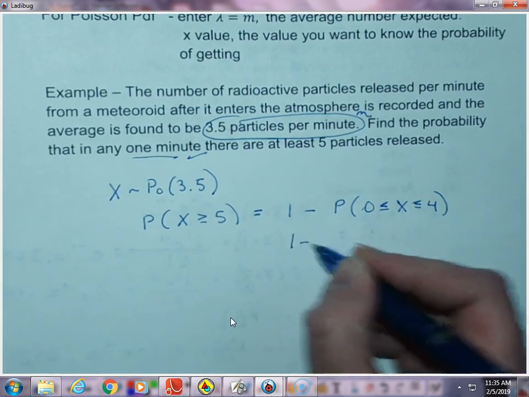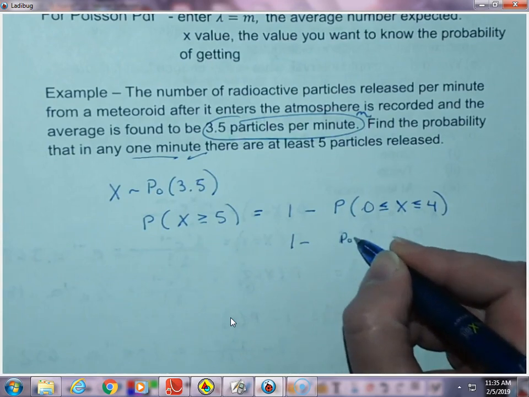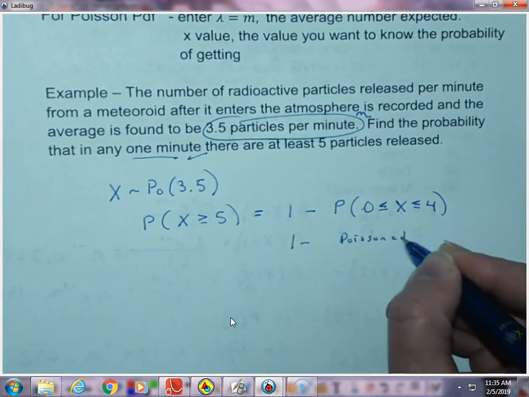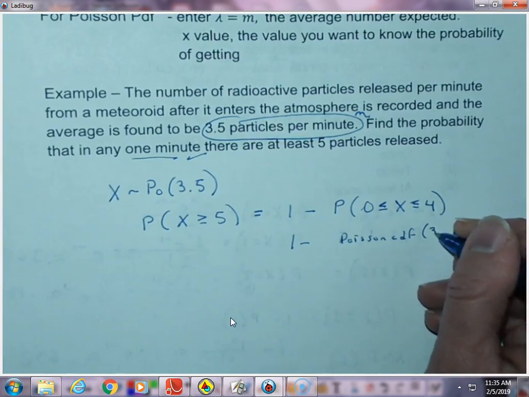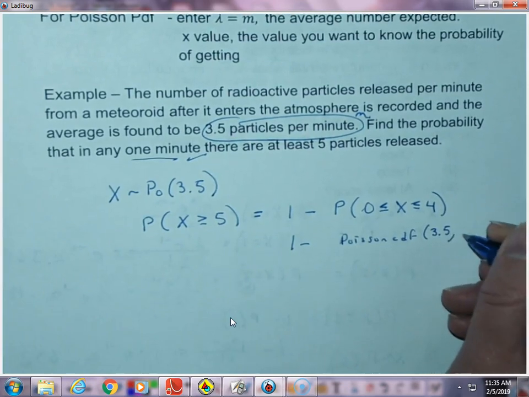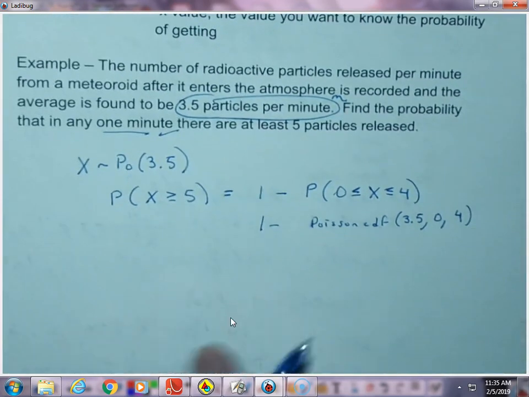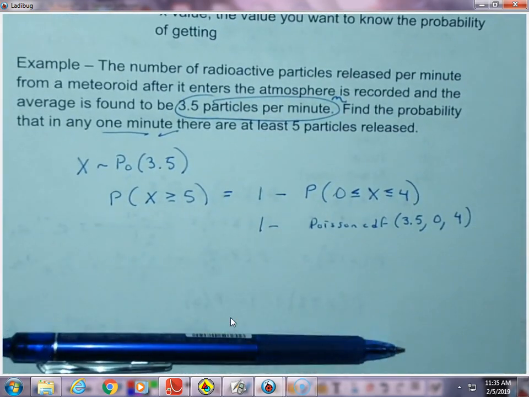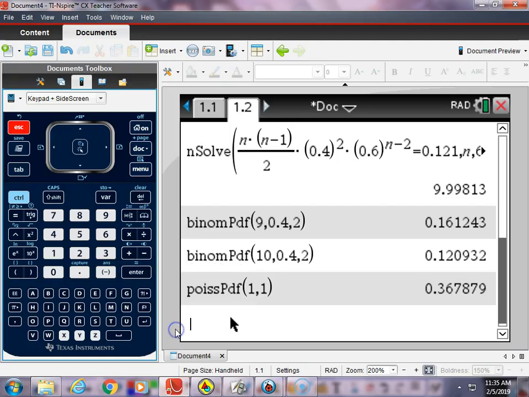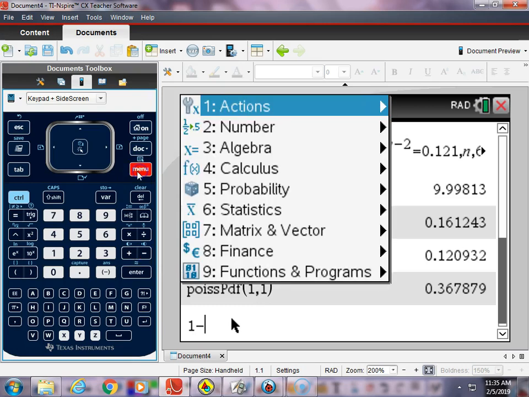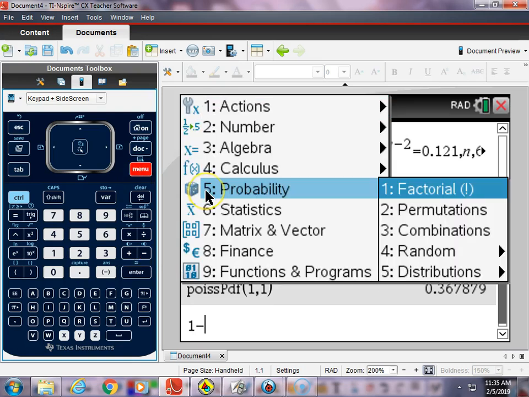It's kind of going to look like a Poisson, and they don't want calculator notation, but you're subtracting it with an average of 3.5, a lower bound of 0, and an upper bound of 4. But it's the same as subtracting probability 0, probability 1, probability 2, probability 3, probability 4. And it's PDF or CDF? CDF, if you want to do a bunch at one time.